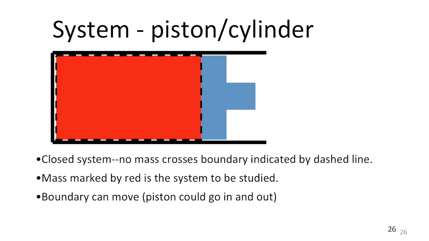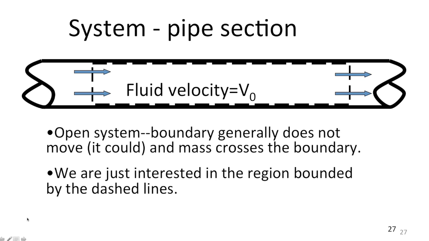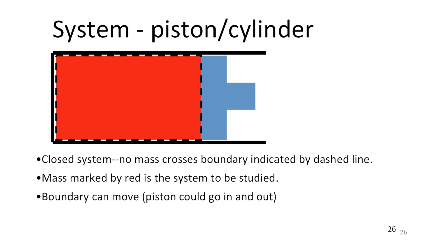Now here, let's see an example. This is a very common example in classic thermodynamics analysis, a piston cylinder enclosure. The piston cylinder enclosure includes a cylinder, which is this part.